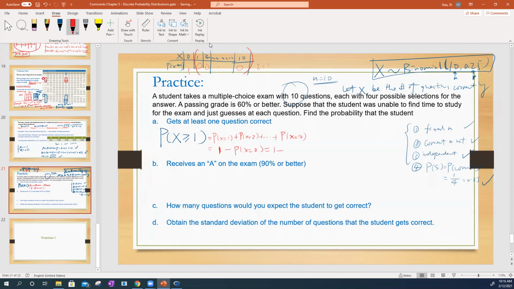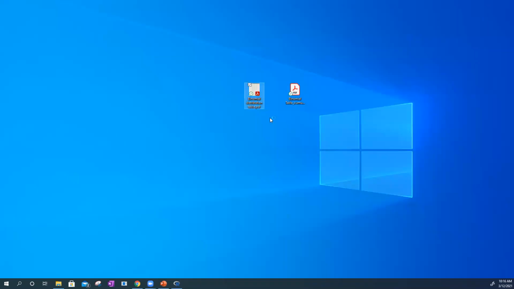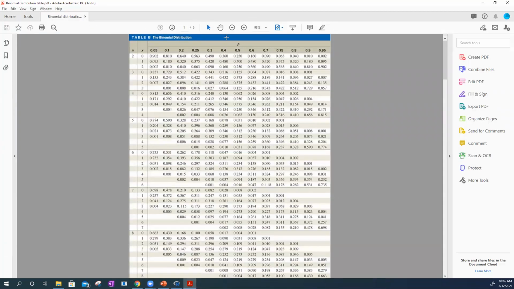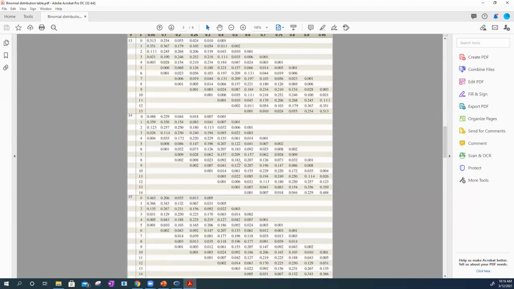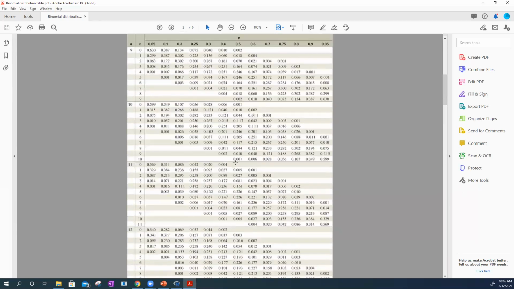So 1 minus what? Let's check the table. So n equals 10, and probability equals 0.25.